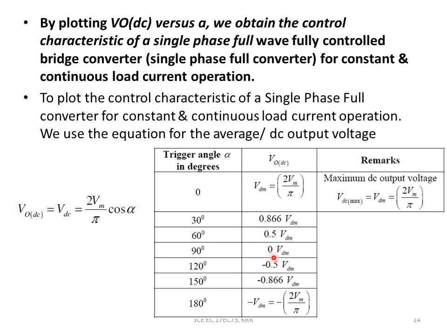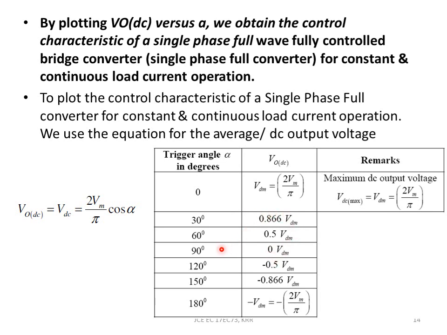Why I am getting 0 volts is both the positive area and the negative area at alpha equal to 90 degrees will be the same, right? Because we are making the output go from alpha to pi plus alpha. From alpha to pi you get the half cycle, from pi to pi plus alpha you get the other half cycle, and when you integrate, both the areas get cancelled, positive and negative, and you get 0.